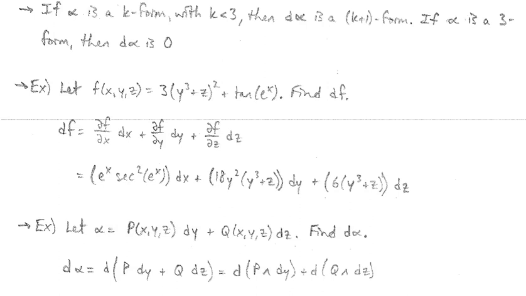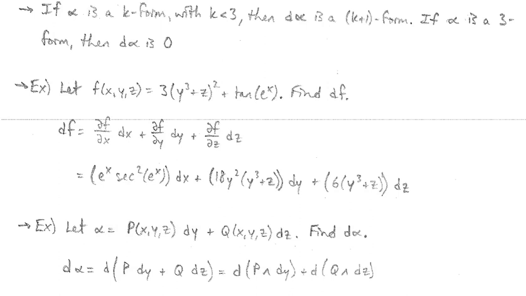We're just going to leave it in terms of general 0 forms, p, q, r, f, g, h, whatever. So we're going to find d alpha. Alpha here is p dy plus q dz.